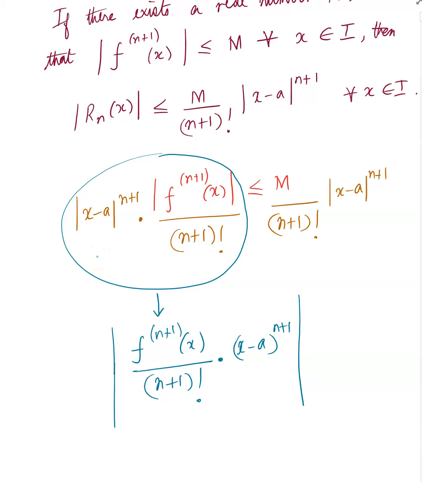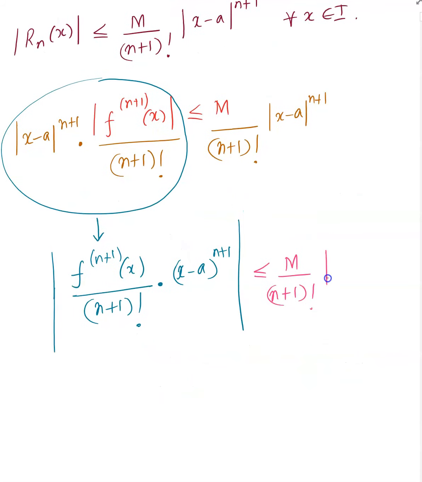The n plus 1 factorial really doesn't need the absolute value, but it doesn't hurt to have it because there's a reason why we want to do this. So we have this on the left, less than or equal to M over n plus 1 factorial times absolute value of x minus a to the power n plus 1.